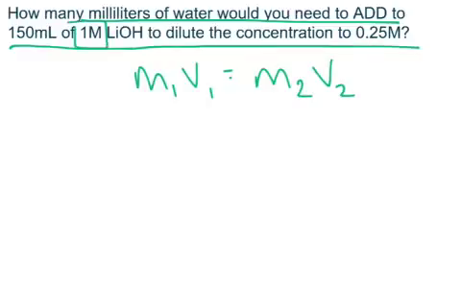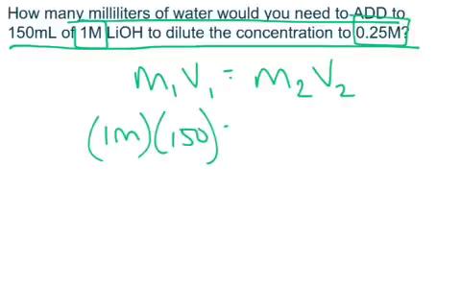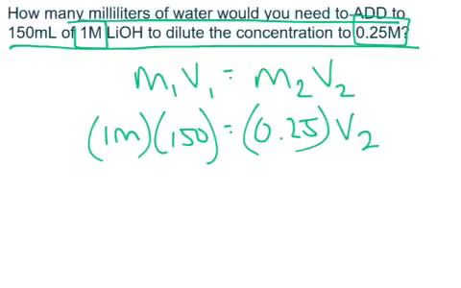So always higher molar before lower, so that means we're starting with 1 molar and 150 milliliters of it. We're diluting it to 0.25, so what we don't know is the final volume. So multiply and divide so that we can get V2, which is 600. So that's almost the final answer.